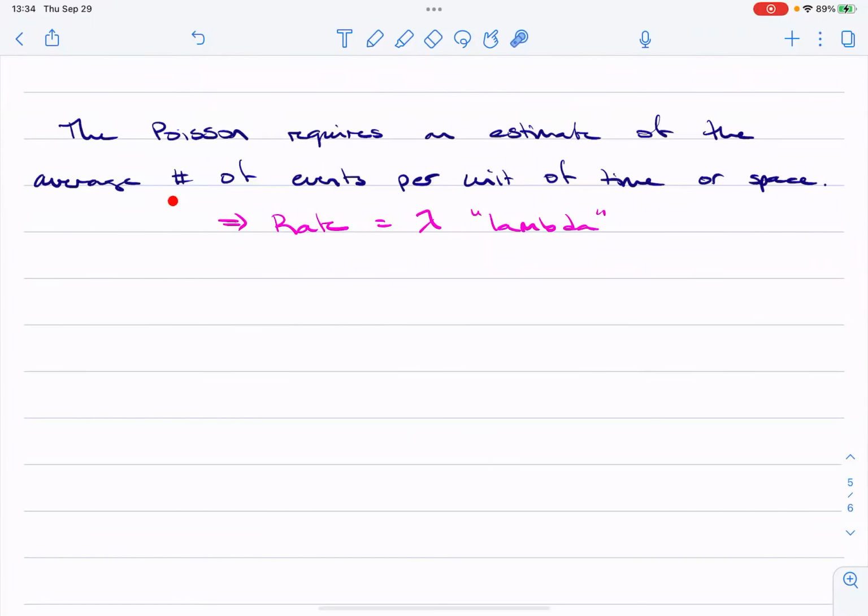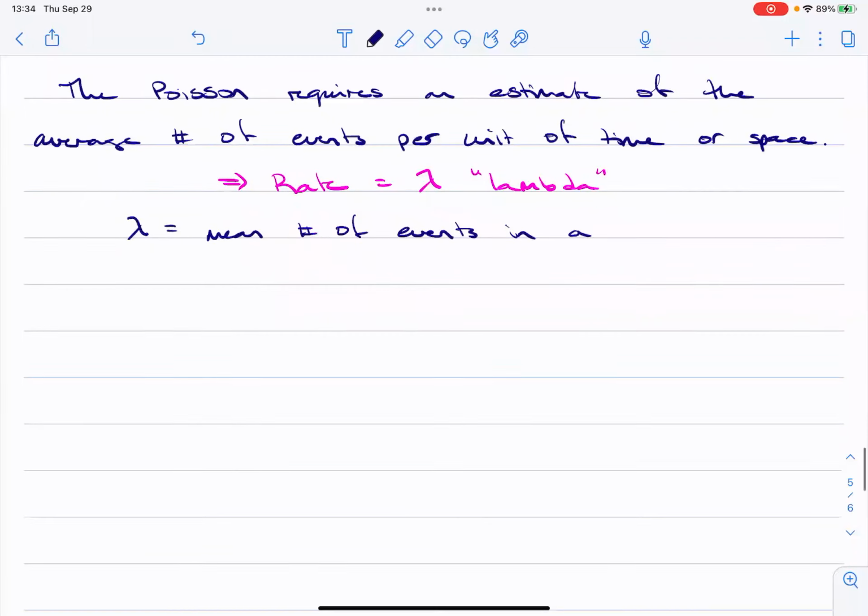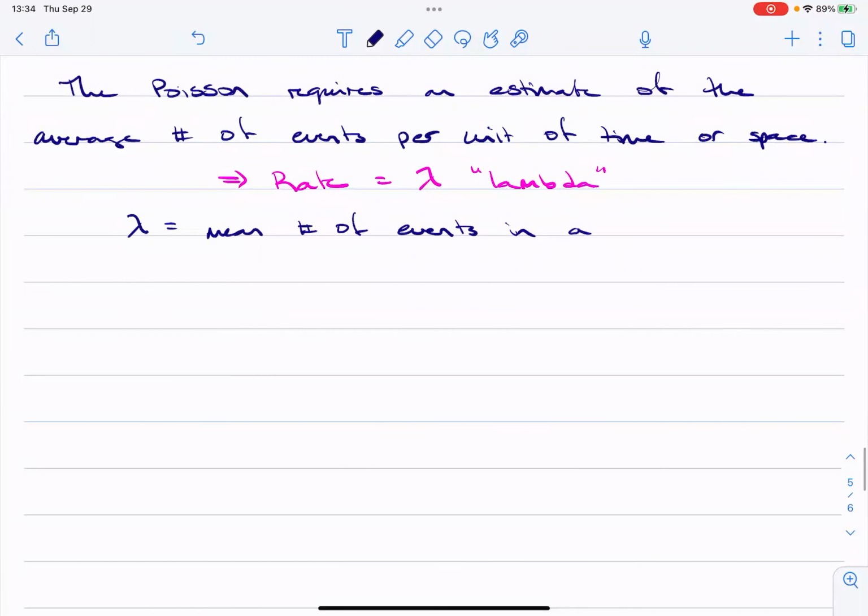Lambda is the estimate of the average number of events per unit of time or space. So that means that lambda is the mean, the mean number of events in a specified interval of time or space.